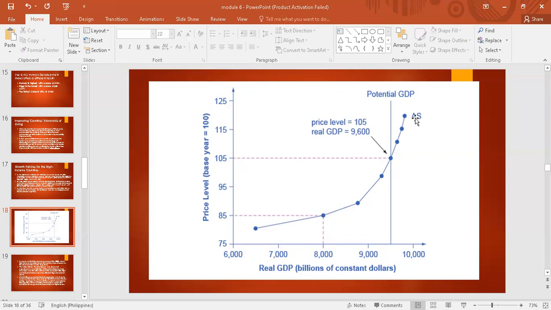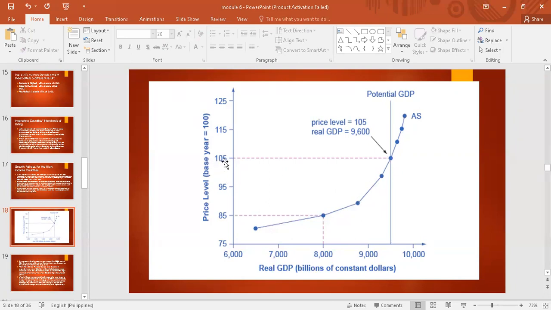Okay? Ito yung aggregate supply na tinatawag, yung AS. Yung AS po natin, or aggregate supply, these are the amount of supply, starting from 600,000. Okay? So, the real GDP, andito po.